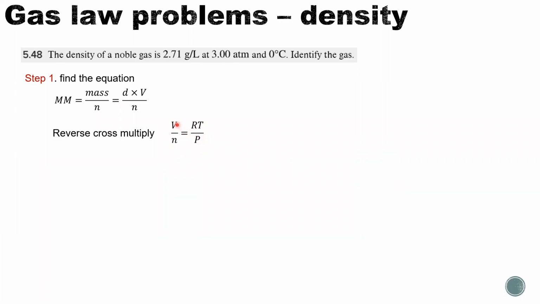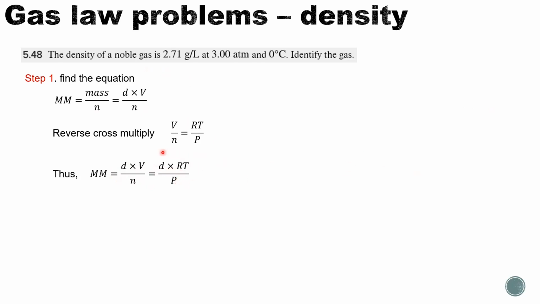So if you do the cross multiply, V over N equals RT over P. Plug in that part. We can have the molar mass calculation that equals density times volume over number of moles, which equals density times RT over P, the pressure.